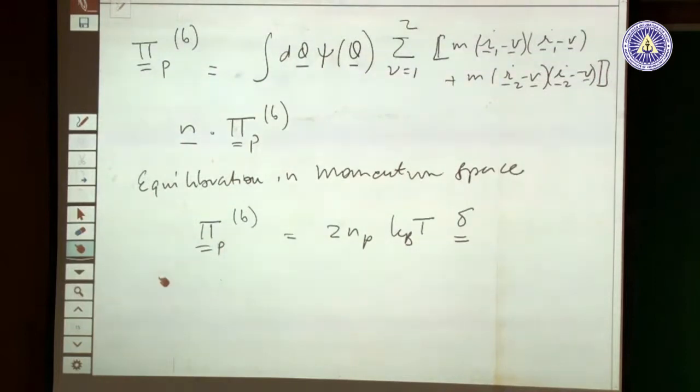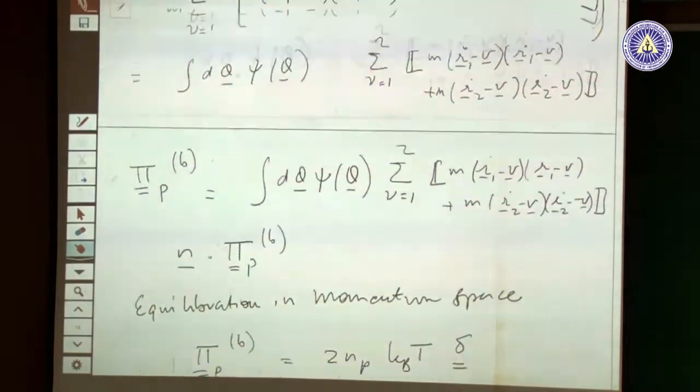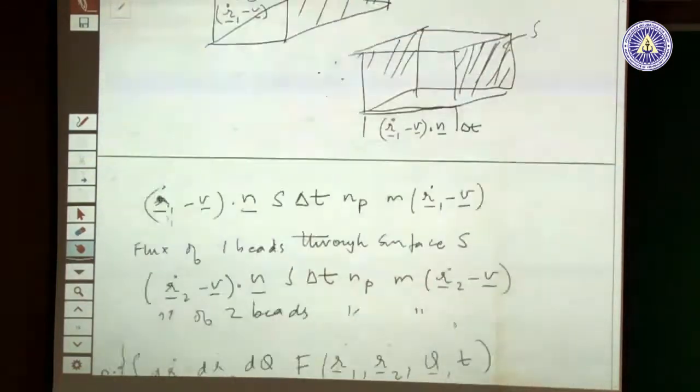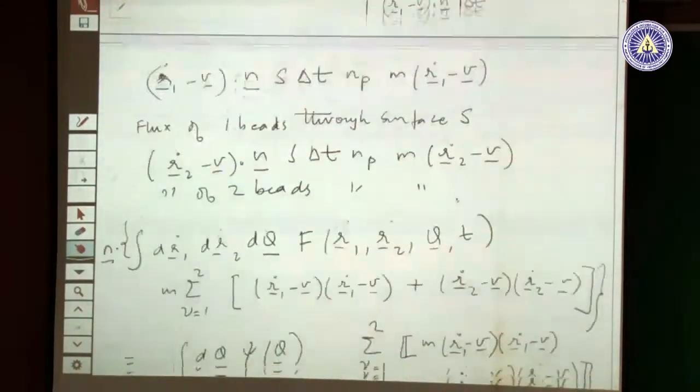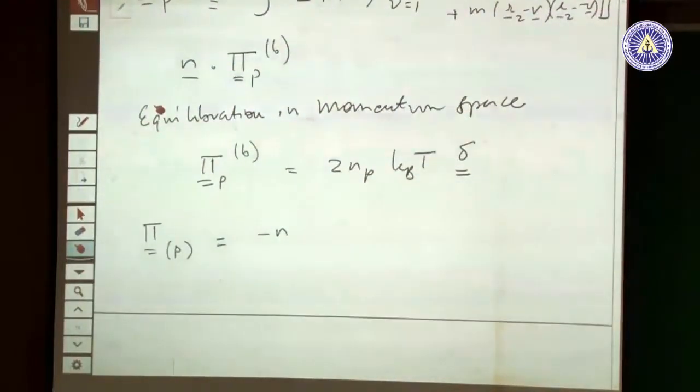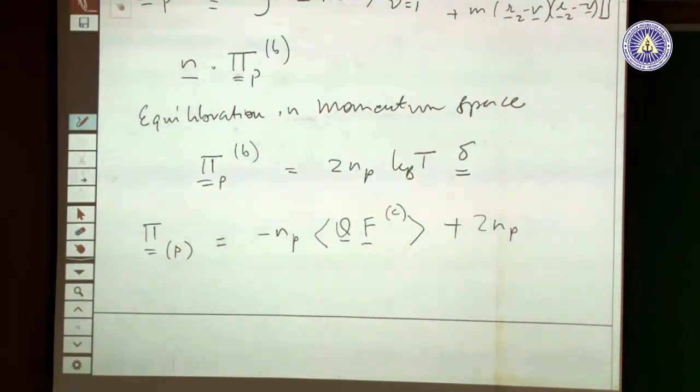So, I could then say that the total Pi p was minus, no, did I have a minus sign? I can't remember. I think it had a minus, right? Yeah, minus n_p <Q F_c> plus 2 n_p k_B T delta.